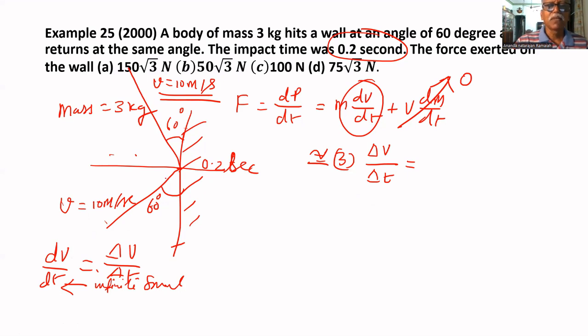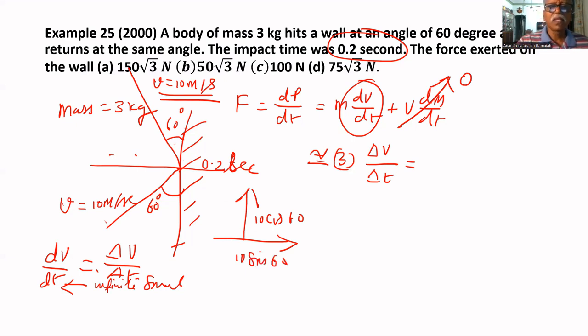That's why we have to resolve this into two components. One is the cos component, along the wall, equal to 10 cos 60. Another, the vertical component, going this way, is 10 sin 60.